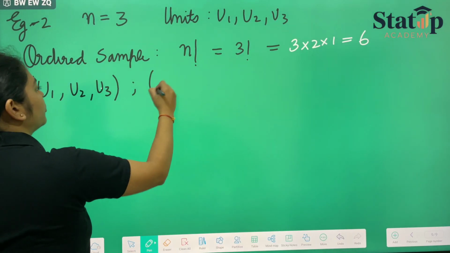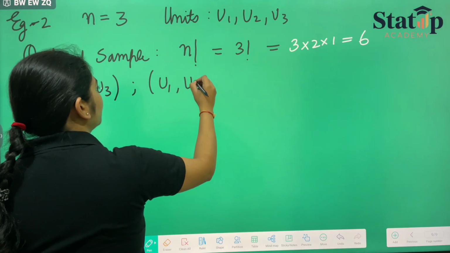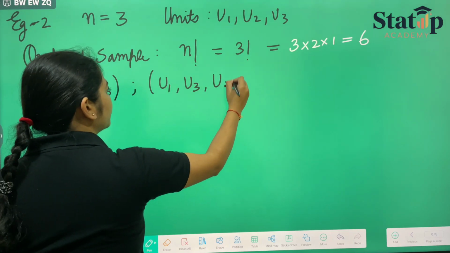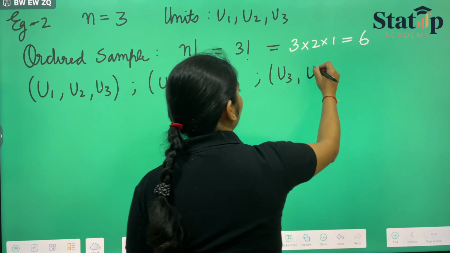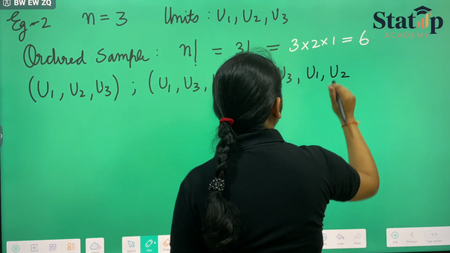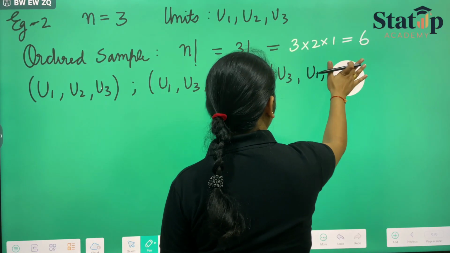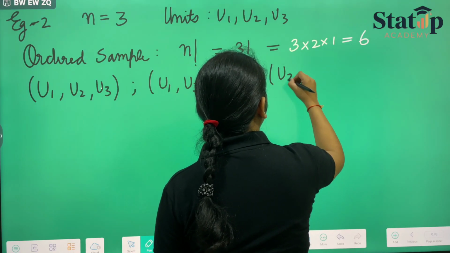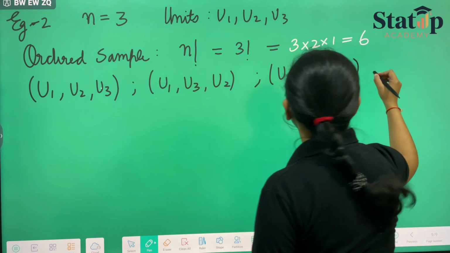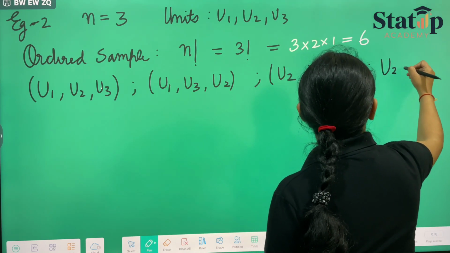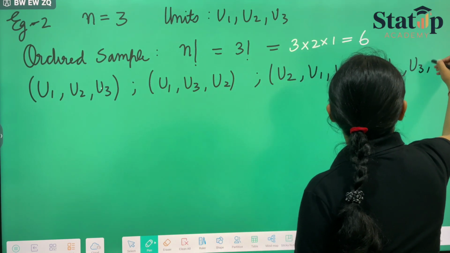The second sample would be U1, U3, U2. The third would be U2, U1, U3, and the fourth U2, U3, U1.